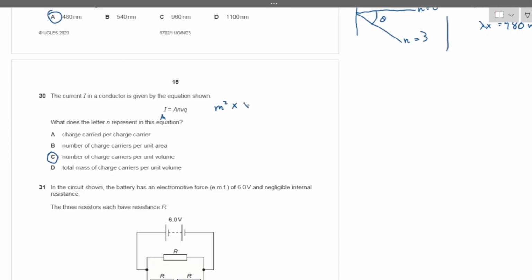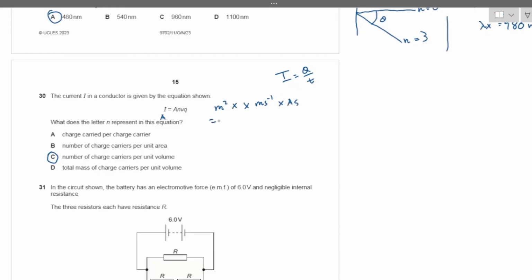You can just label this as X, and then you have v, meter per second. Then you have q. q is the charge, and current is equal to charge per unit time. So charge will be basically ampere second.